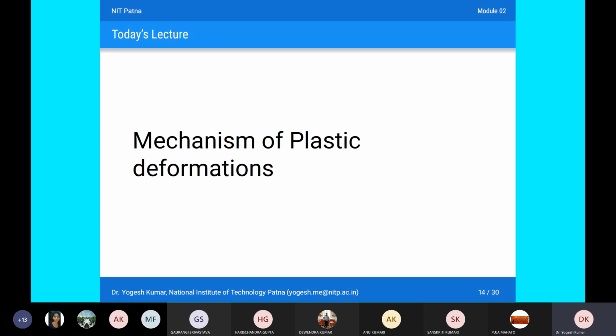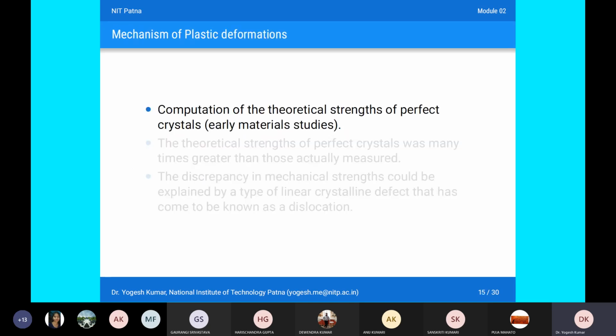So in today's session, we will try to cover in a very short way the mechanism of plastic deformation: what happens in your materials which is responsible for the plastic deformation of your metal material. We will try to understand the phenomena due to which plastic deformation occurs.